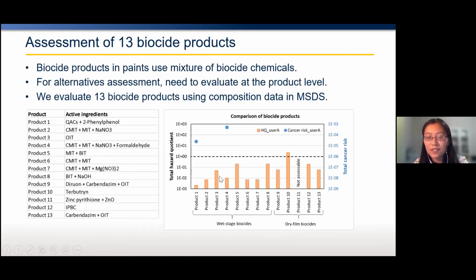In this figure, we show the non-cancer effects for each product, and the blue points are the cancer effects. We can see that for wet stage biocides, the best alternatives would be products 2, 6, and 7. And dry film biocides would be product 9 and product 13.